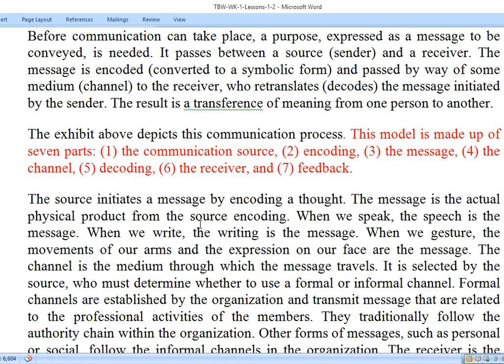Communication process means what elements constitute our communication, the very basic elements. Process basically means step by step development or execution of a function, the discrete division of something into logical parts.